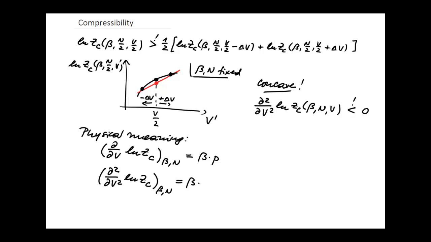Since beta is fixed, this is just a constant prefactor times the partial derivative of pressure with respect to volume at fixed inverse temperature and particle number, and this must be strictly smaller than 0.